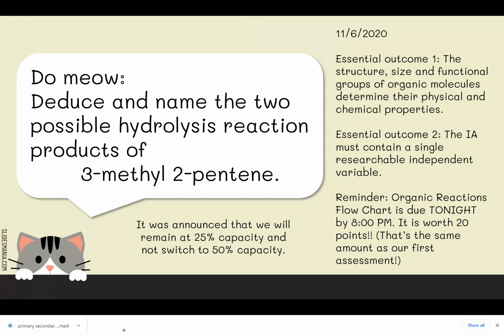Awesome. So there's a question about switching to 50%. What I was told in an email from Superintendent Osai was that we will not be switching to 50% as we had originally planned. We're going to stick with that 25% capacity until numbers change, either positively or negatively. We might go back into distance at some point if it keeps going the way that it is.